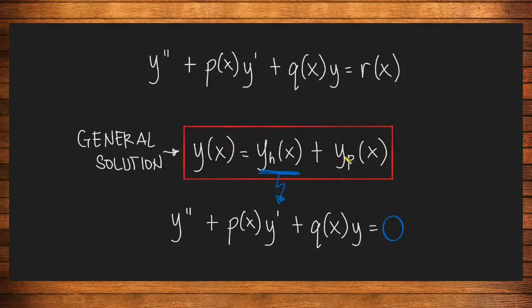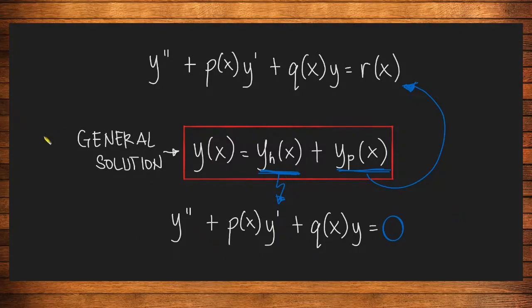And itong second term naman natin, y sub p, is any solution of our non-homogeneous linear ODE containing no arbitrary constants. So hopefully, yung pagkuha ng first term ng general solution natin dito, yung y sub h, which is the solution again of the corresponding homogeneous ODE. So na-discuss na natin yan on our previous video.